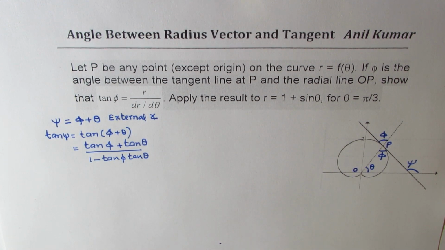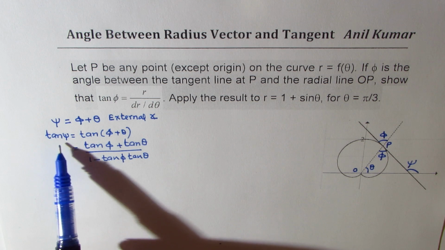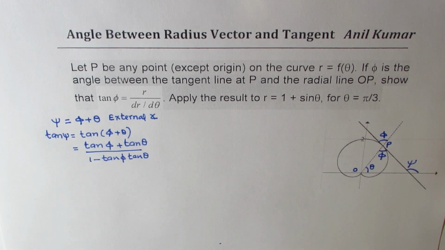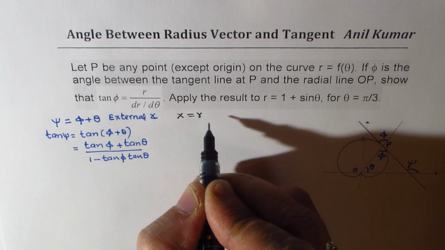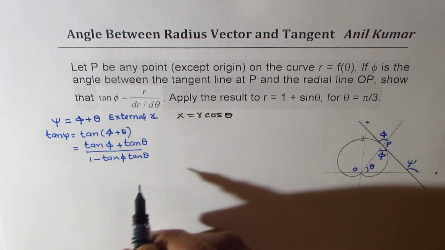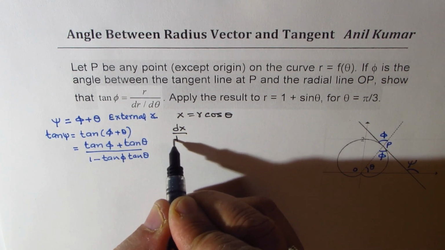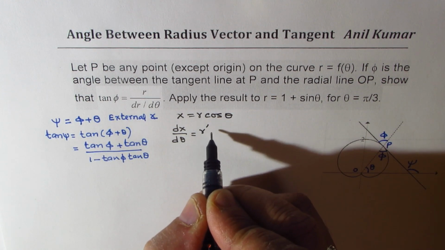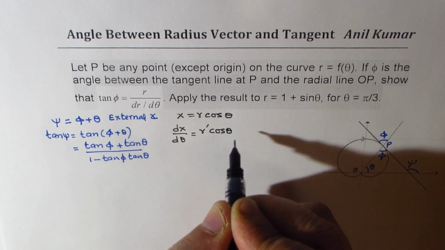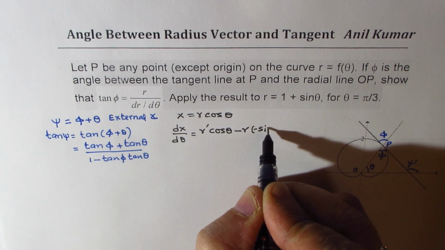To get tan phi, we can derive the expression for tan psi using the Cartesian coordinates, right? So x equals r cos theta. And from here, we can write dx d theta, the derivative of this. Applying the product rule, we get r dash cos theta plus r times the derivative of cosine theta, which is minus sine theta.